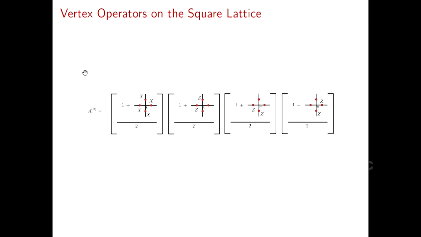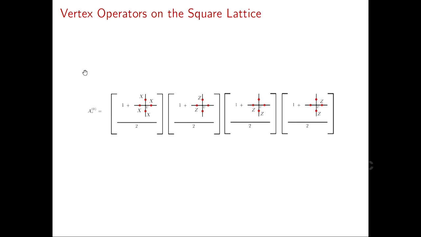If I take a vertex, I have 4 corners, so I have to check if each corner is either a matched configuration or a mismatched configuration. If in this corner I have the same index, which can be either 1, 1 or 2, 2, I will get a +1 eigenvalue and this projector will be non-zero. I can do the same thing for every corner.